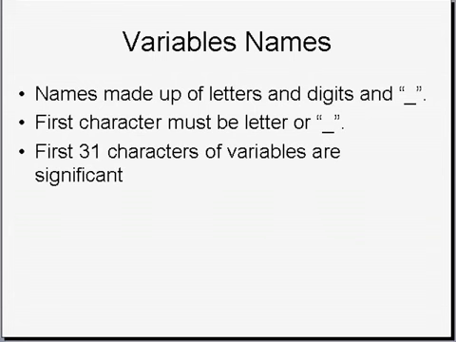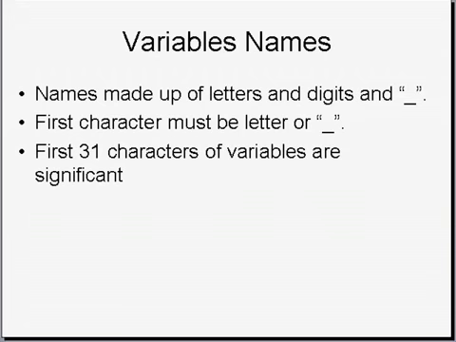Another condition applies when you declare external variables: you need to keep in mind that fewer than 31 characters are significant. Only very few of the first characters will be significant, because these will be used in assemblers and loaders as well. So that's a restriction you have in variable names.